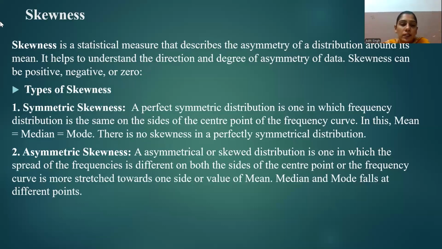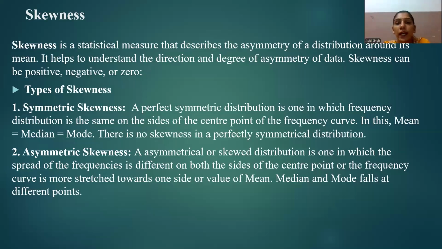Now let's discuss symmetric and asymmetric skewness in detail. What is the basic difference between symmetric and asymmetric skewness? First, let's understand symmetric skewness. When mean is equal to median and is equal to mode, that is symmetric skewness.